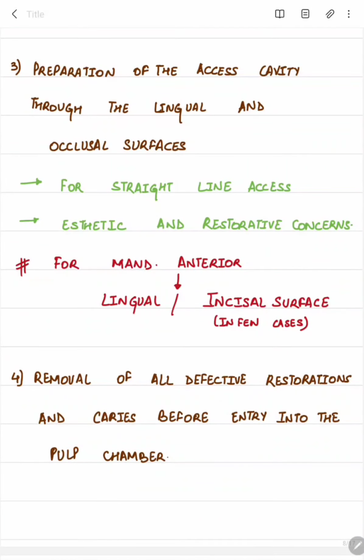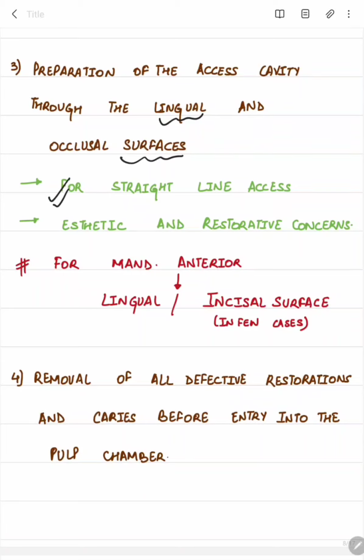Now, after visualizing the internal anatomy and evaluating the important landmarks such as cemento-enamel junction and occlusal tooth anatomy, we are supposed to prepare the access cavity preparation, and that through lingual and occlusal surface. This is done through lingual and occlusal surface so as to achieve a straight line access, right?